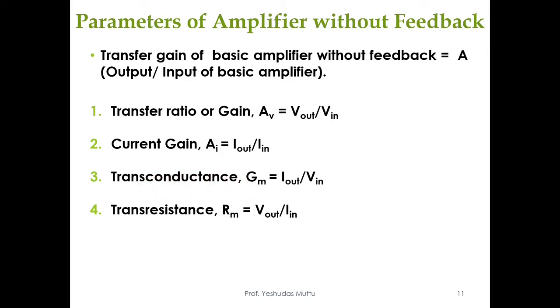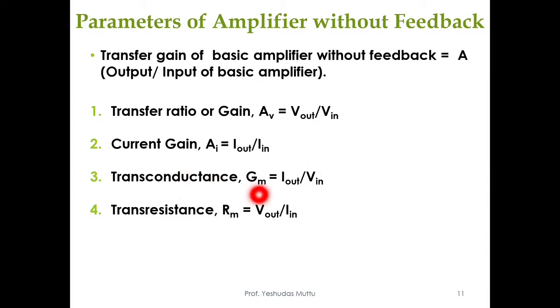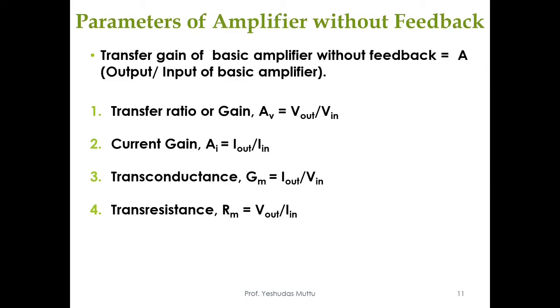In case of transconductance, it is I out by V in. You can see over here, V in is over here and this is I out. And transresistance Rm is equal to V out by I in. I can say all these are A's. Fine. That is basic amplifier without feedback.